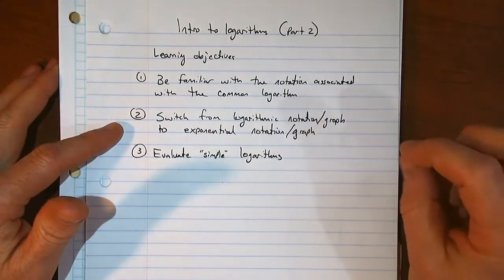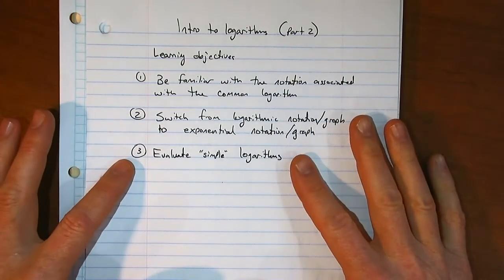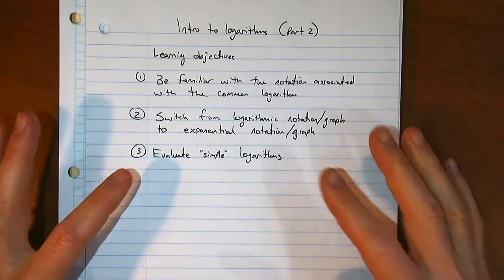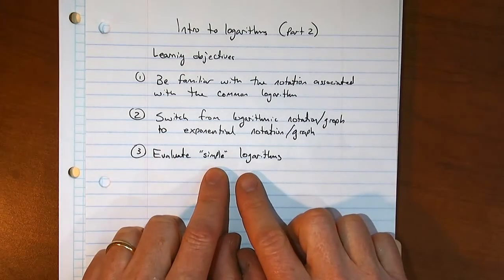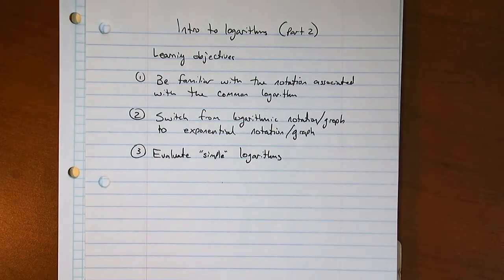In this video, we're going to do the other way around. And then last but not least, we're going to talk about how to evaluate a very simple type of logarithm. And by simple, what I mean by that are problems where the numbers are small and convenient, numbers that you should be able to figure out without too much extra work. Okay, so with all of that said, let's get started here.